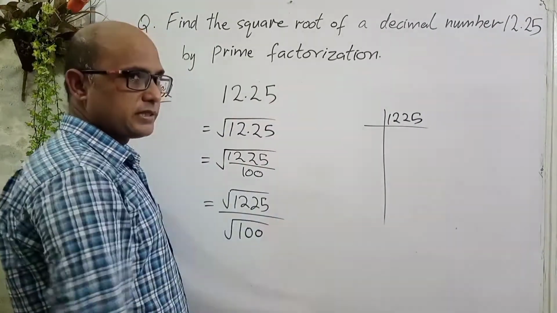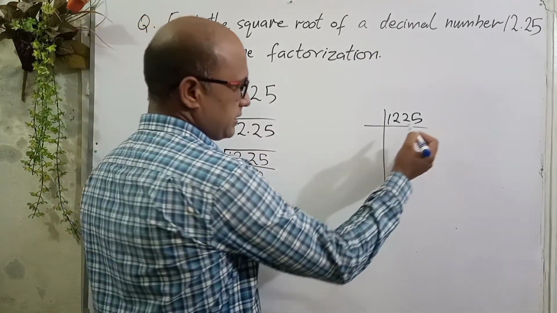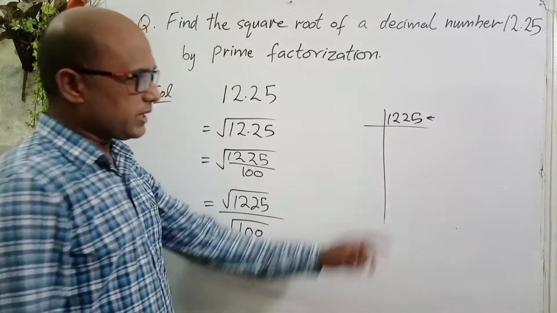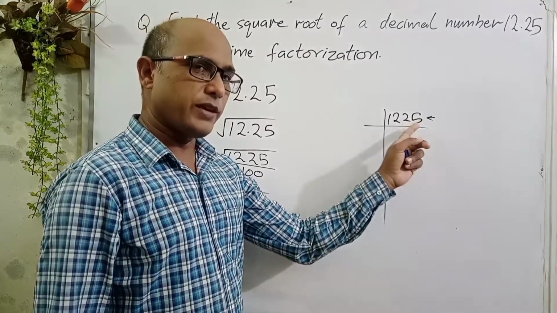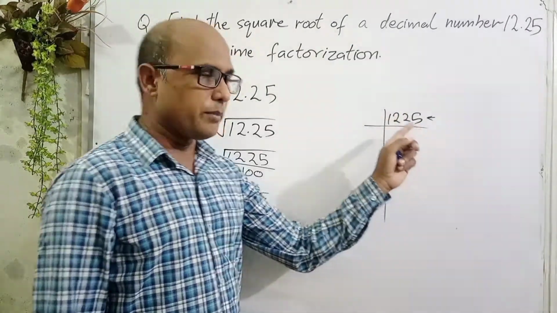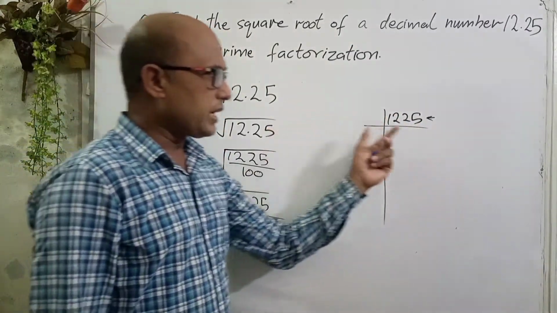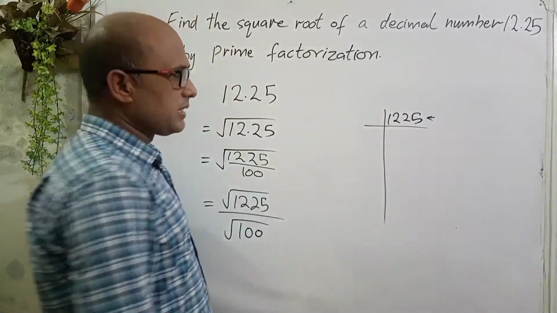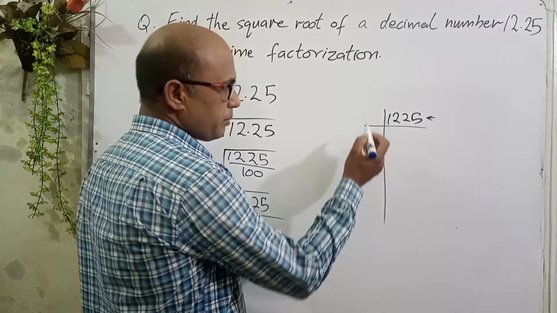We have to find its prime factors. Since the last digit of this number is 5 and 5 is an odd number, we can't divide this number by 2. So let's start with an odd number.